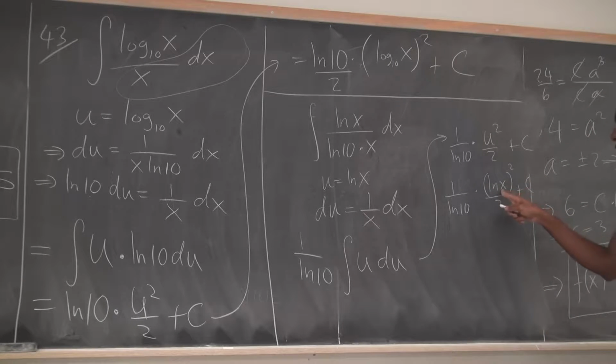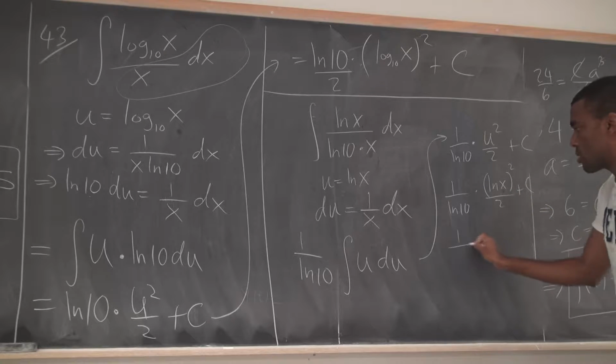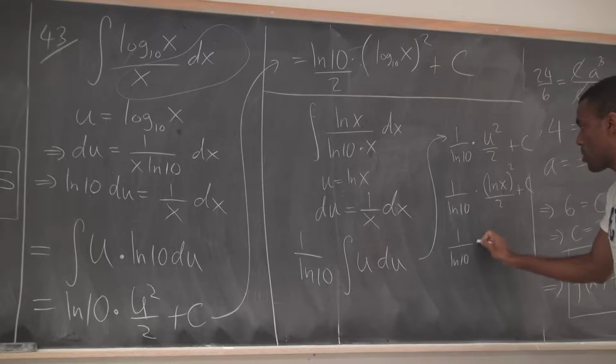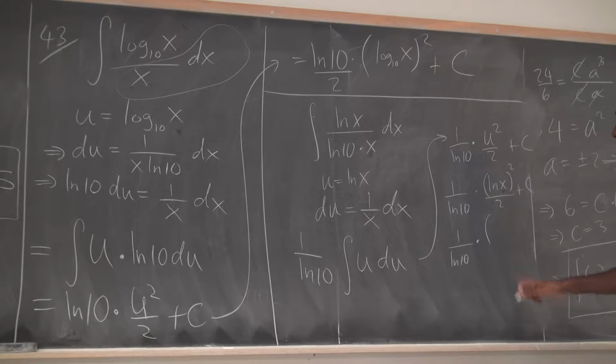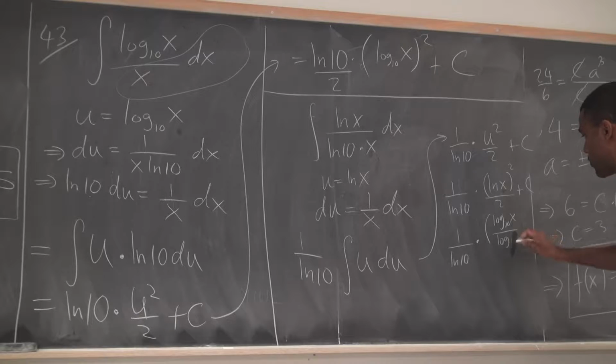Right, but then if you do a change of base of the ln, ln of x I can write as log to the base 10 of x over log to the base 10 of e.